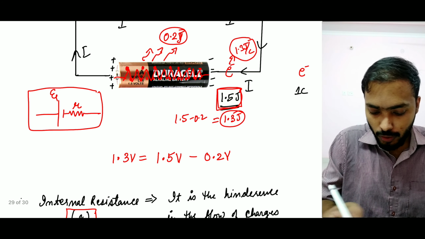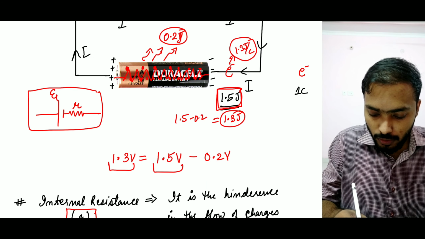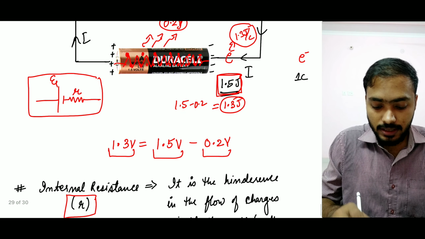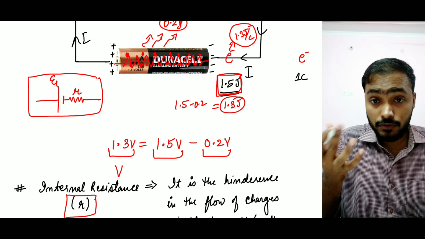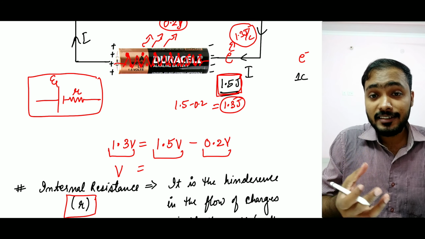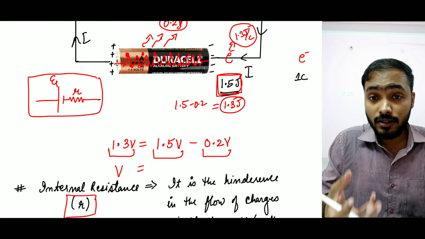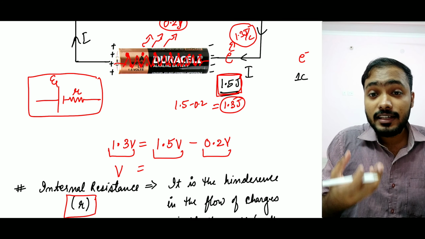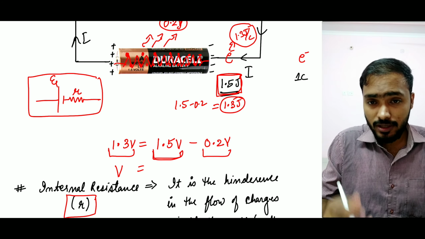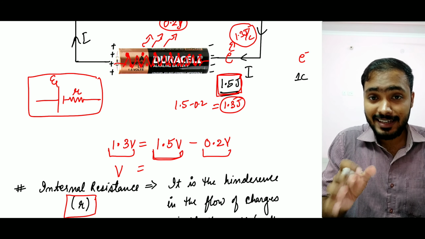So can I say, we all know this is voltage, and this is also voltage. So can I say this is my terminal voltage V, which is the potential difference across the battery or the cell when the current is drawn from it. And what is this 1.5 volt? Is it the EMF of the cell, right? Can I say like that?